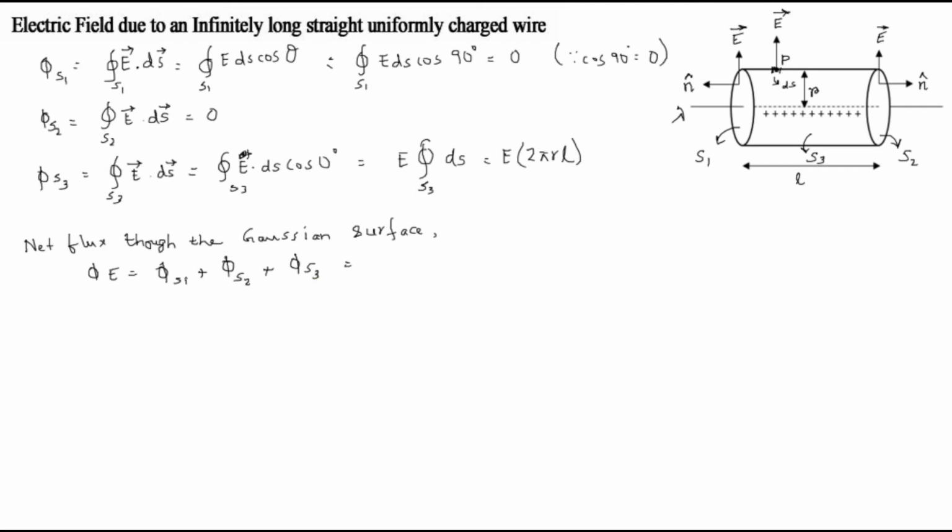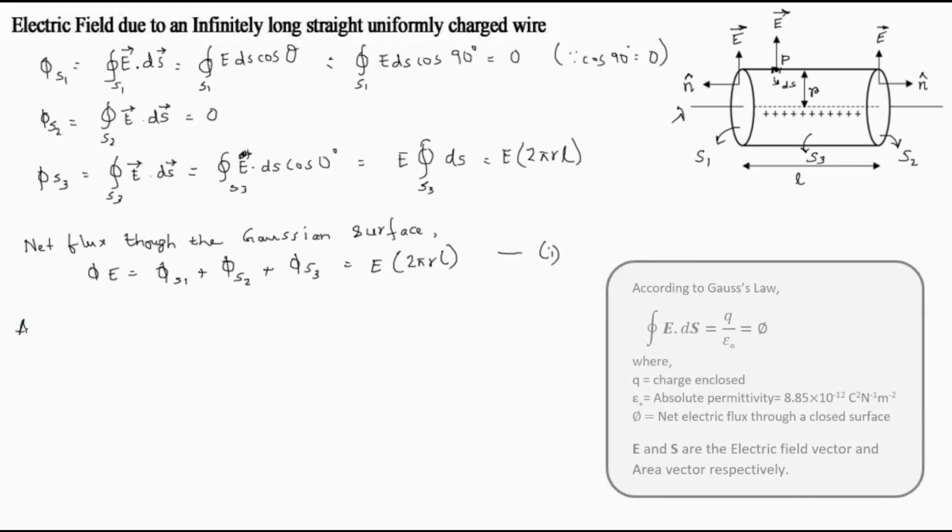So the first two terms are 0, so we are left with total flux is nothing other than E into 2 pi RL only for the curved surface, right? Got it? Okay. I can call this my first equation.